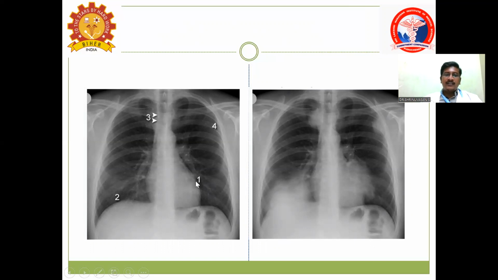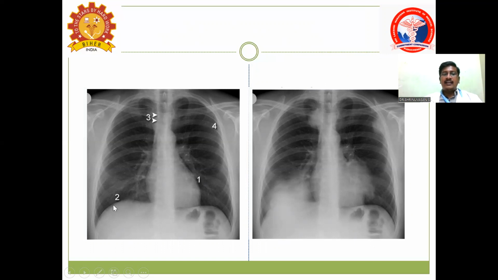See, can you tell me here, what is structure one? What is structure two? What is structure three and structure four? Yeah, one is the right heart border, which is silhouetted by the adjacent lung pathology.